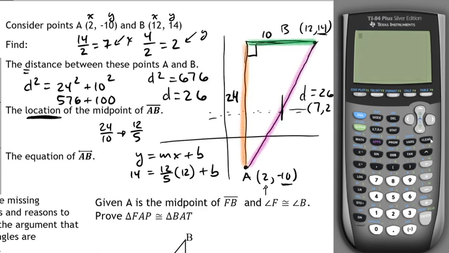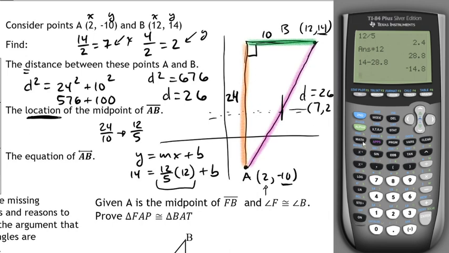I've got 12 divided by 5, so that's 12 fifths. I'm going to multiply that by the number 12. That's the value that's being added to the side with b, 12 fifths times 12 plus b. So I'm going to take that away from both sides. So I'm going to look at 14 minus 28.8. And there we go.